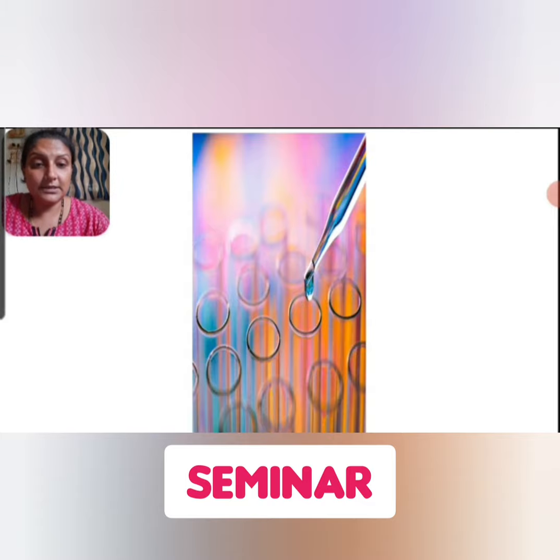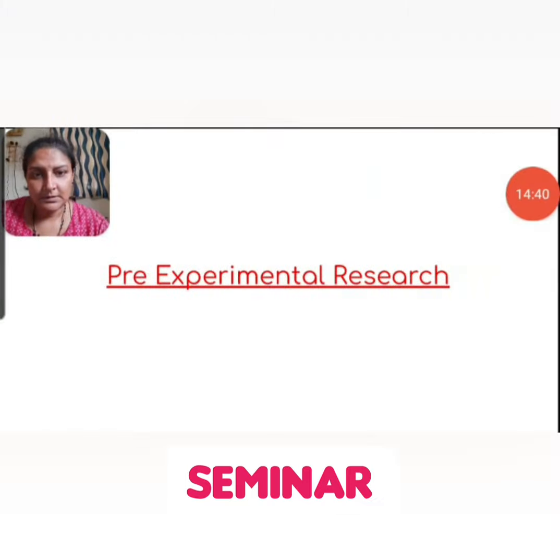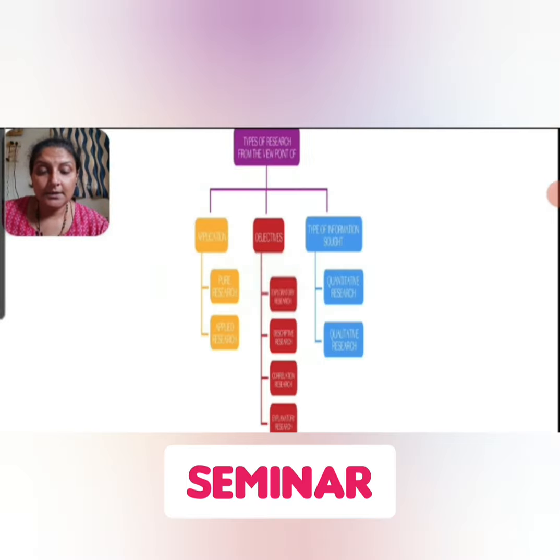So let us go to the next, advantages. Here the slide has come. Pre-experimental design, where only manipulation is present, and this is a flow chart regarding that.